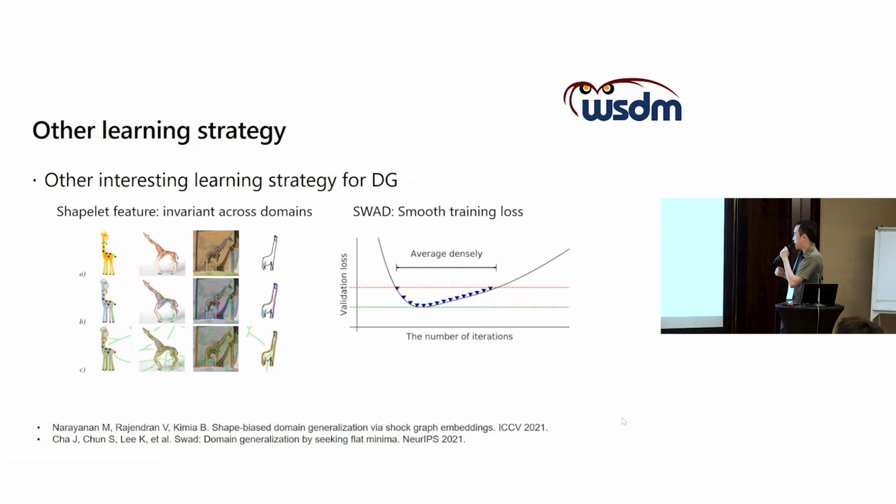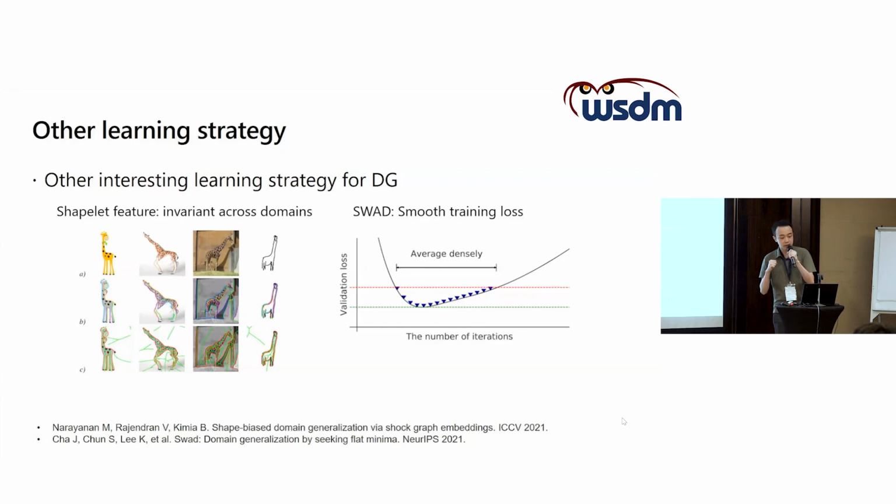But which minima generalize better for our problem is the flat minimum. There are a lot of research works discussing how this loss landscape can influence the generalization capability of our model.